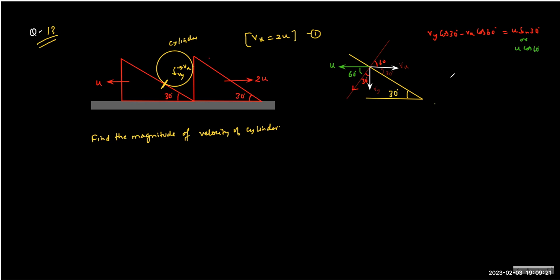And Vx we have already determined from the first surface. So it is u by 2. So root 3 Vy is 3u. So Vy is root 3 u, right? Yes. And because we know Vx, Vy, so you can say V equals to.